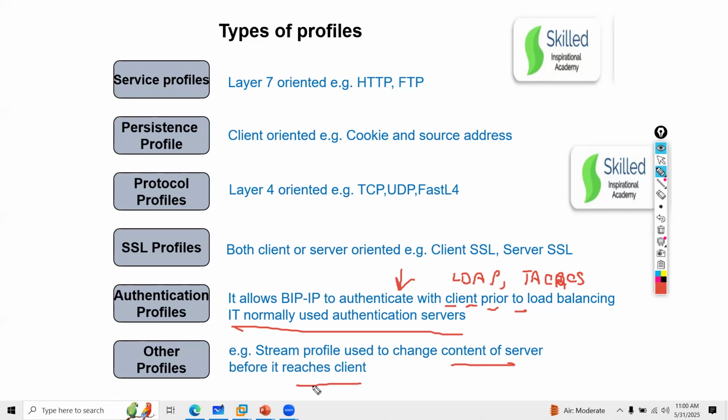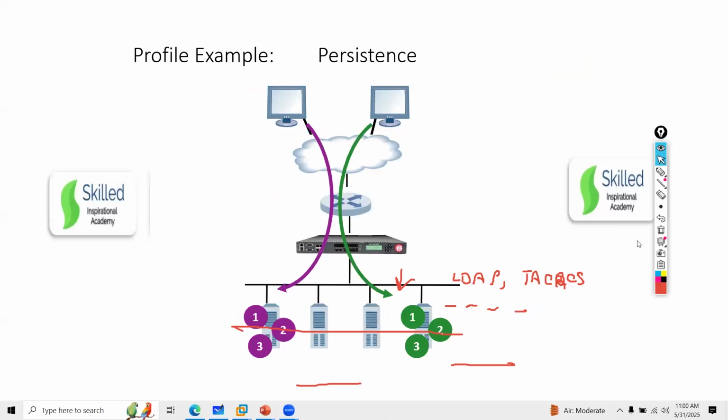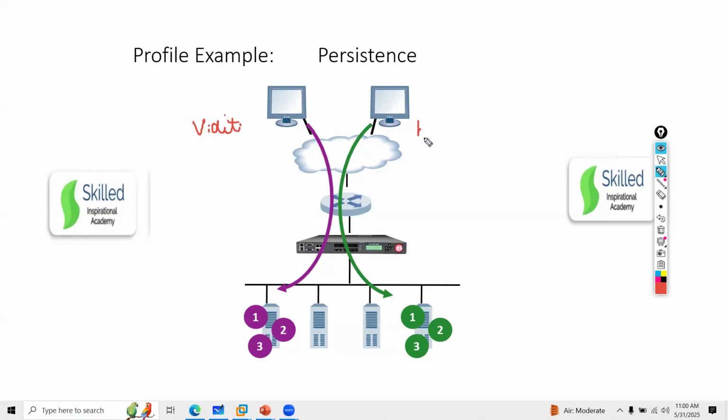Okay, now let's go further on. Persistence profile is the first section. A little detail on persistence profile. When I talk about persistence profile, what happens? Let's say in this screen you have two connections. One is Vidit, one is Hemu.